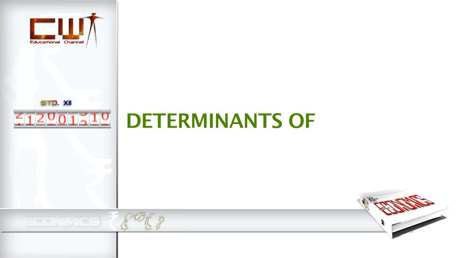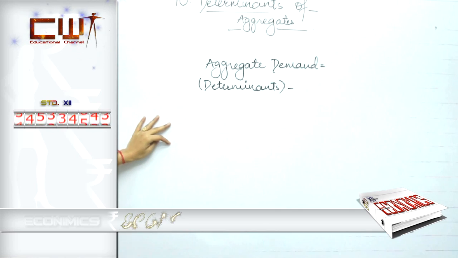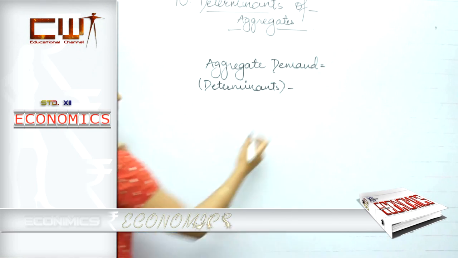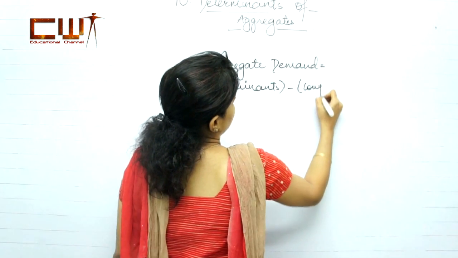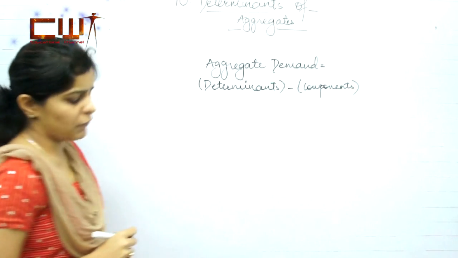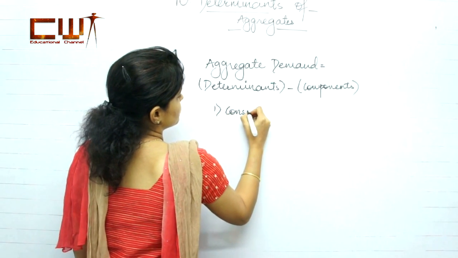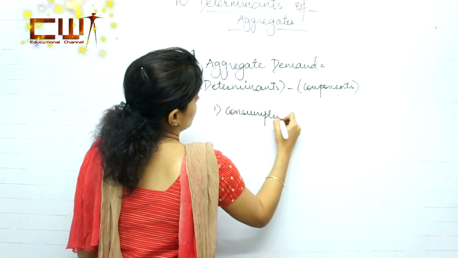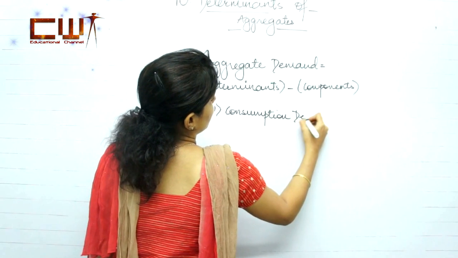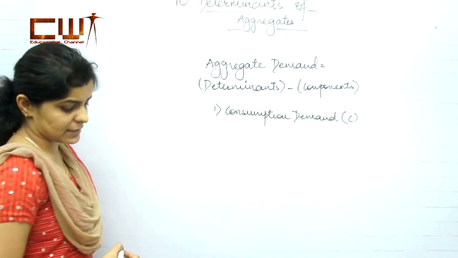Next we will study the determinants of aggregate demand. We have aggregate demand that consists of the following components. We will study the component parts also. Components means, as we study, the first is consumption demand, right? So you have consumption demand that is also depicted, or you can also write it as C. Alright, that is consumption demand.